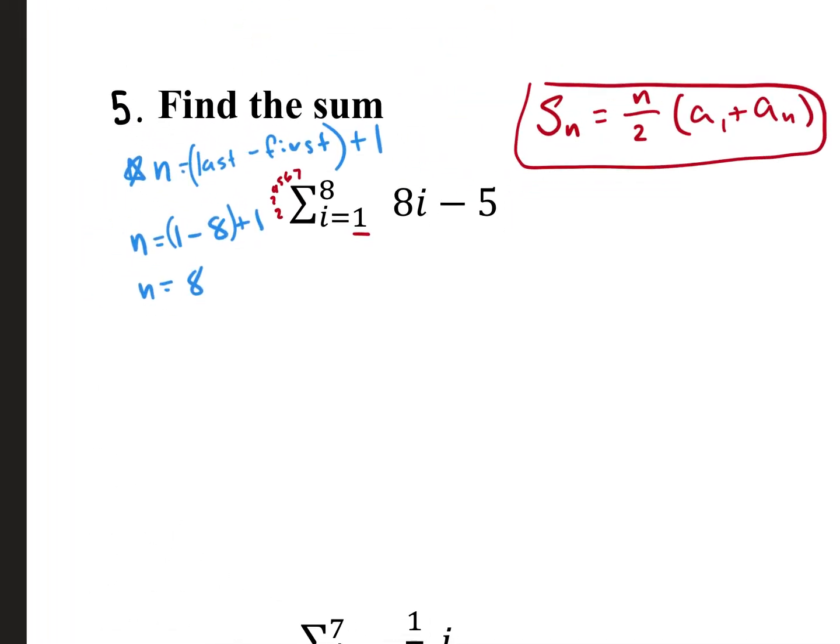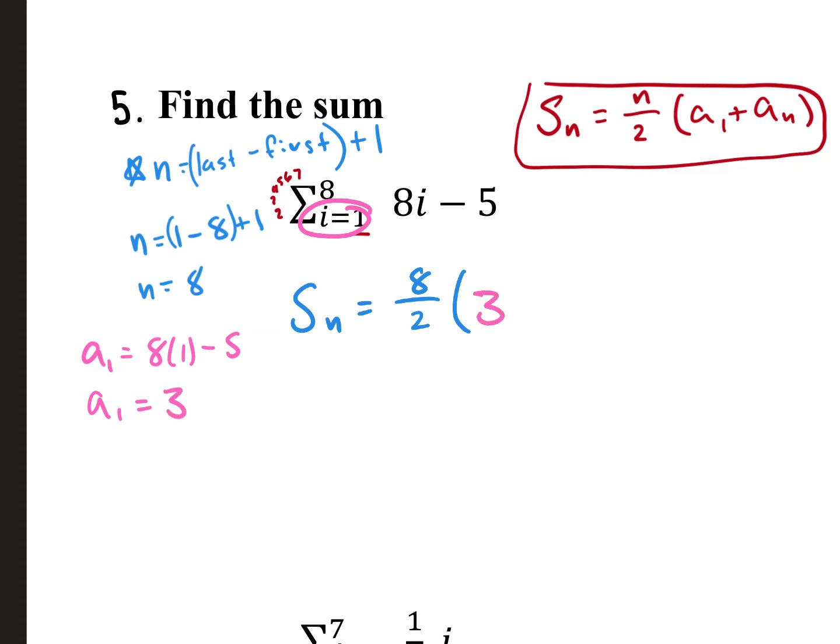So n is 8. So I'm finding S sub n is 8 over 2. How do I find what a sub 1 is? Plug in the first number that it asked me to here. So a sub 1 is going to be equal to 8 times 1 minus 5. So 8 times 1 is 8, 8 minus 5, 3.